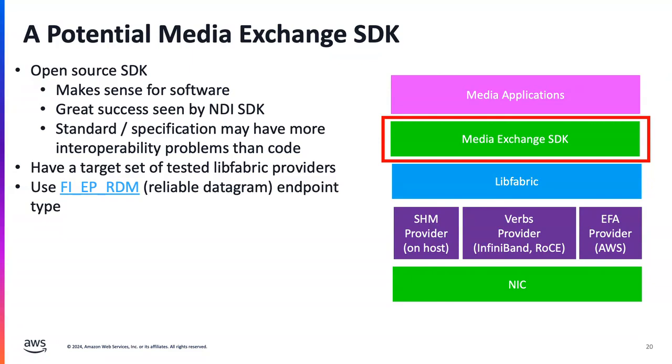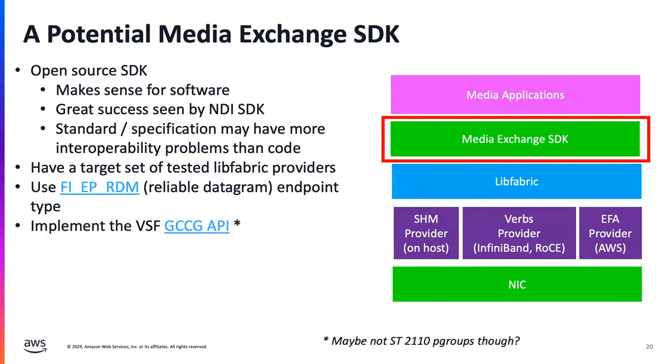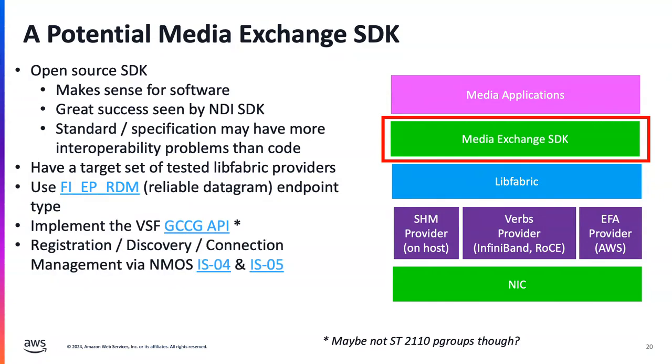I don't think we need connections. I would recommend that we implement the VSF GCCG API, maybe not P groups, but otherwise, in order to have the timestamps and other metadata and the media functionality timing that we need.